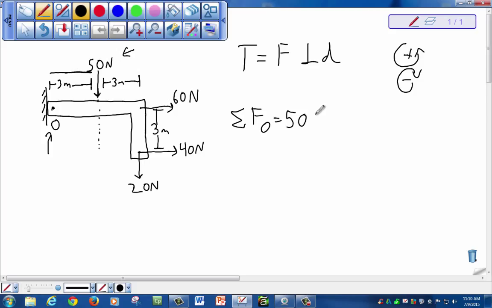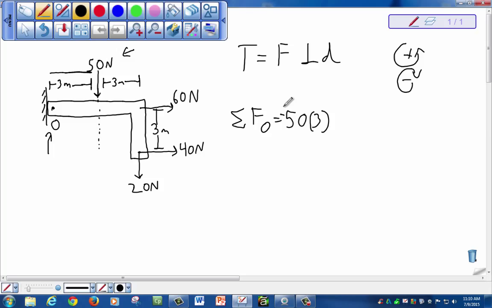So we just times that by 3. And if you notice that this force is rotating the point O clockwise, so that's going to be negative.